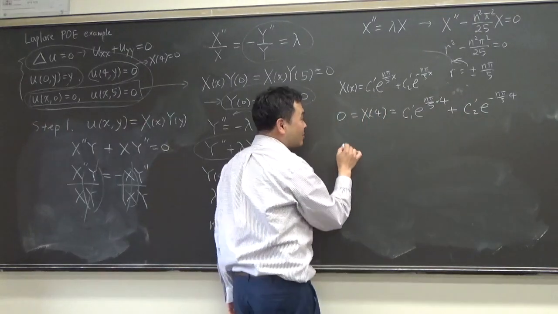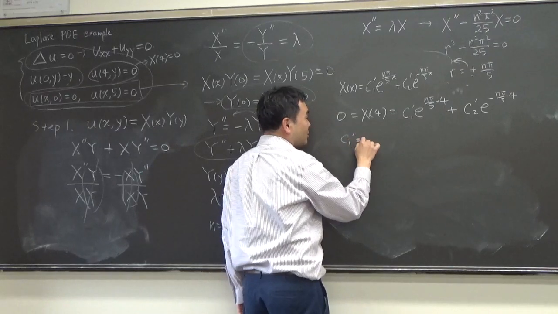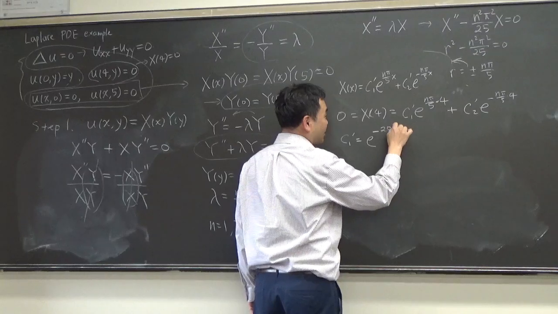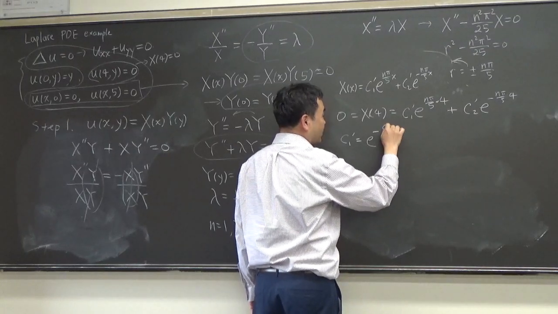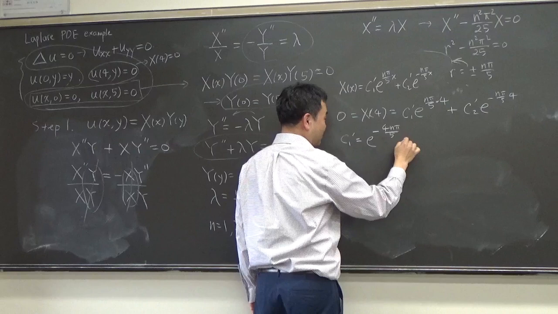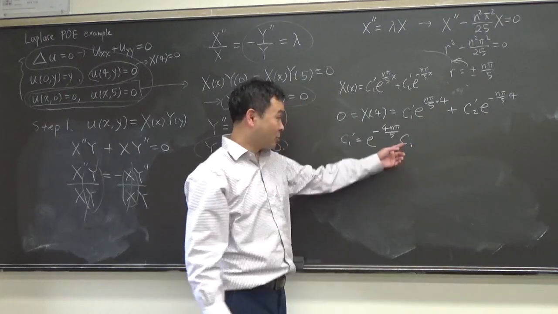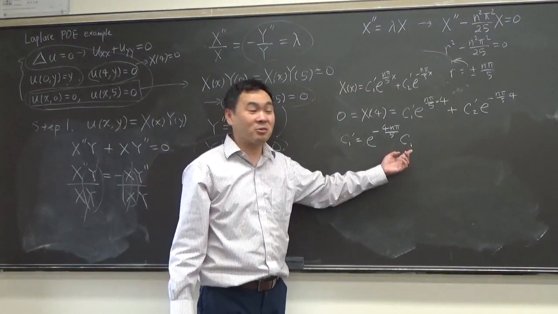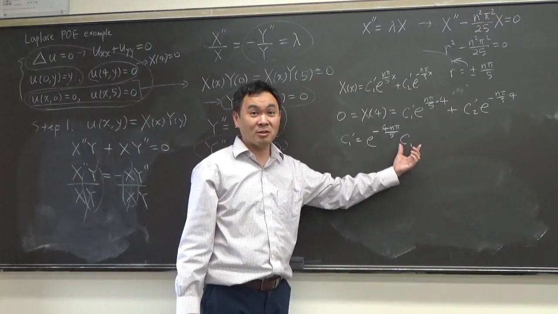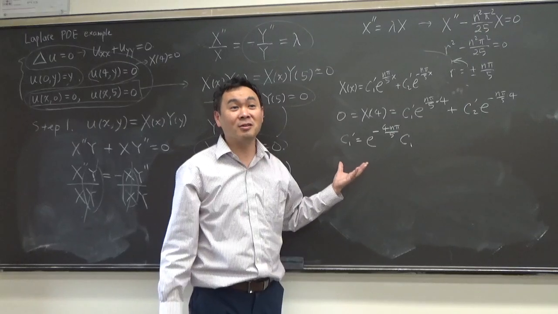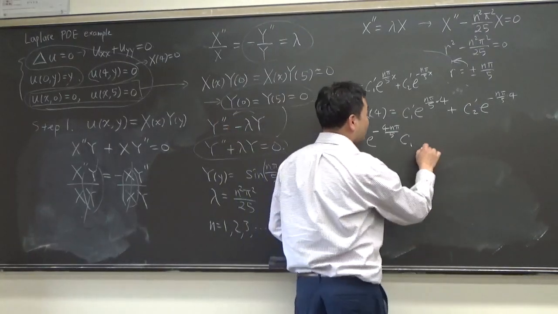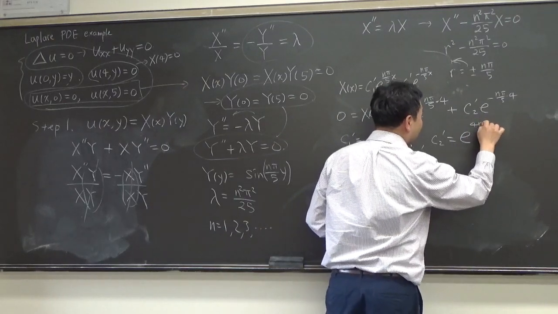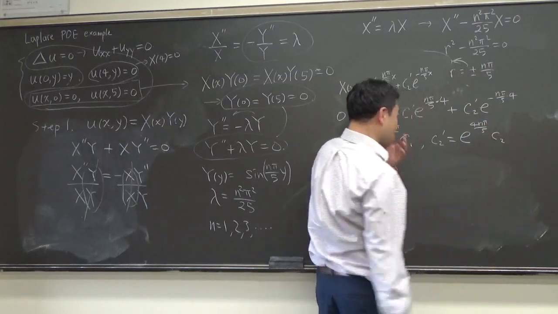And then say C1 prime is e to the negative 4 n pi over 5 times C1, for some other constant, some arbitrary constant, right? This is some constant, that's some constant, right? For a fixed n. You can do that, right? Agreed? All right. And then C2 prime as e to the positive 4 n pi over 5 times C2.